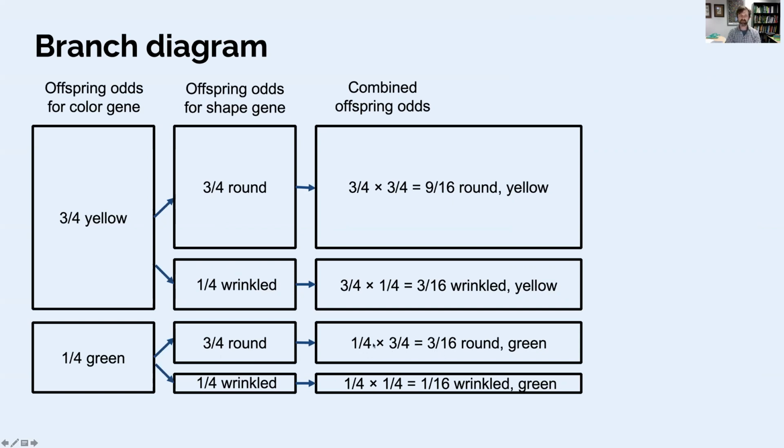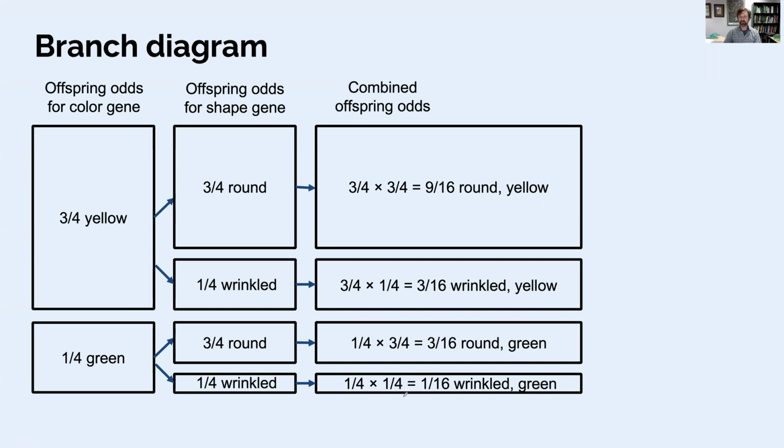So we multiply the numerators, 1 times 3 gets us 3. Multiply the denominators, 4 times 4 gets us 16. 3/16 round and green. The same number comes from getting 3/4 of 1/4. So 3/4 times 1/4 is also 3/16. Yellow and round, 3/4 times 3/4 is 9/16. And green and wrinkled, 1/4 of 1/4 is 1/16.